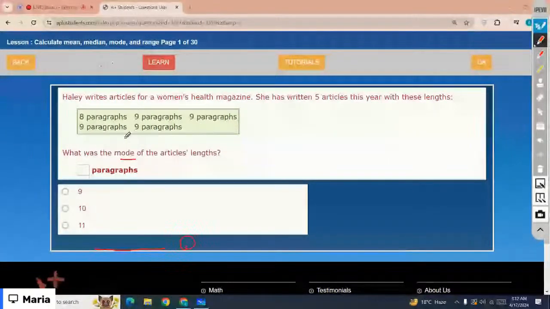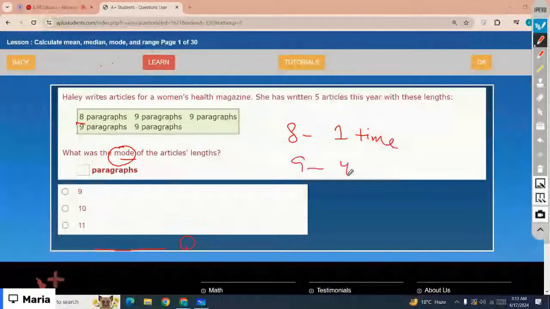What is the mode value? Mode is the value that appears the most in the given data. You can see you have 8 only one time. 1, 2, 3, 4, you have 9 four times. So 9 is the number that appears the most in the given data, so 9 is the mode. The correct option is 9. Got it?